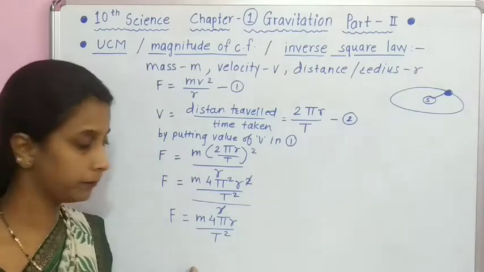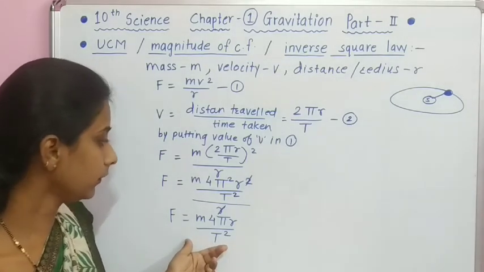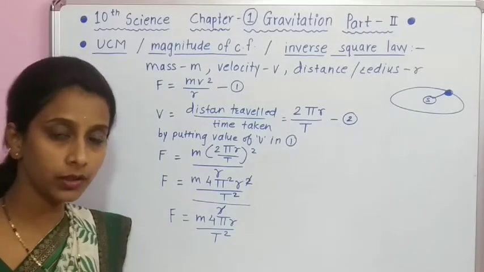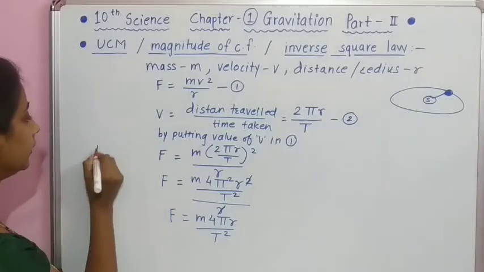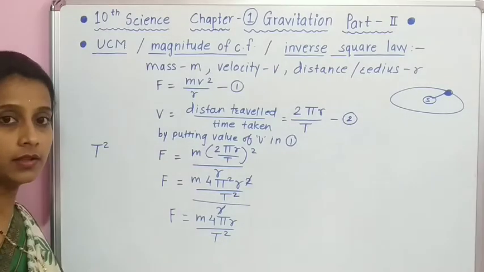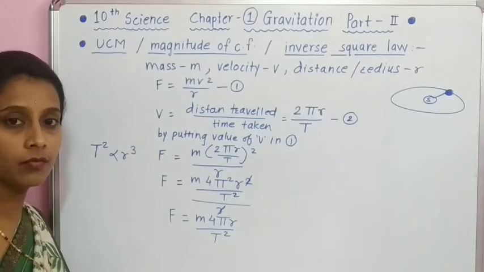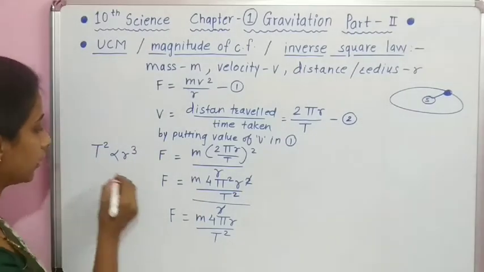Okay students? Now see. We have studied Kepler's third law, and according to that law, T square is directly proportional to r cube. T square is directly proportional to r cube.